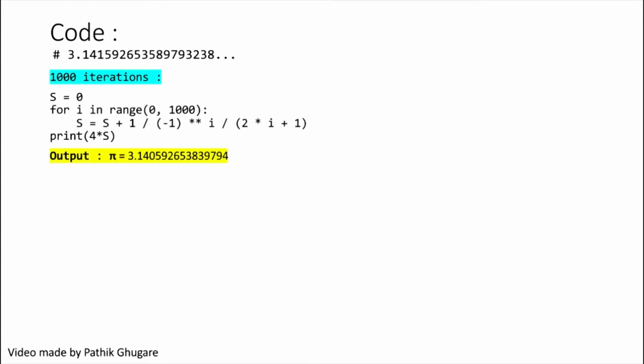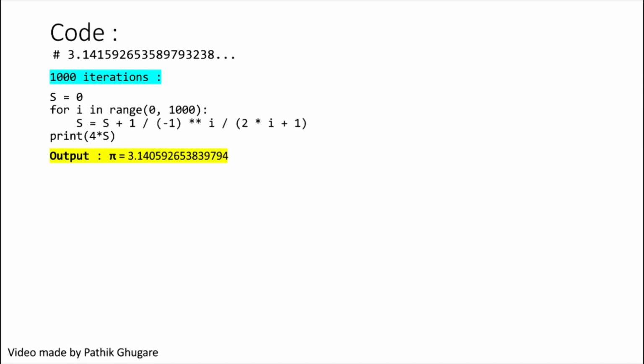Now let's see coding part. This is approximate value of pi to 18 decimal places, which I showed here just for reference. For coding, I am using Python language, but you can use any other language of your choice since algorithm is same. So let's see our first example where number of iterations are 1000.